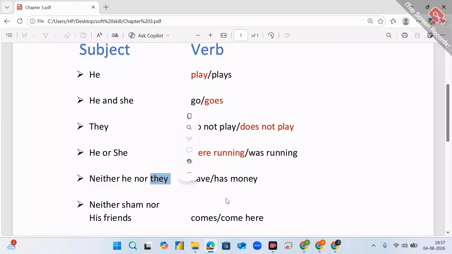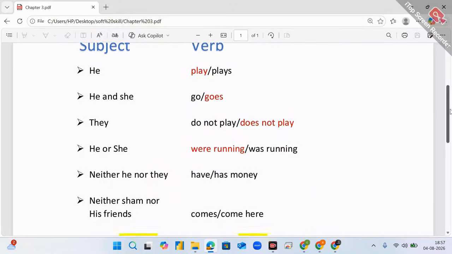So we pick the plural verb. Which one is plural, have or has? Obviously have. Likewise, you guys need to solve these questions and check which verbs are there.